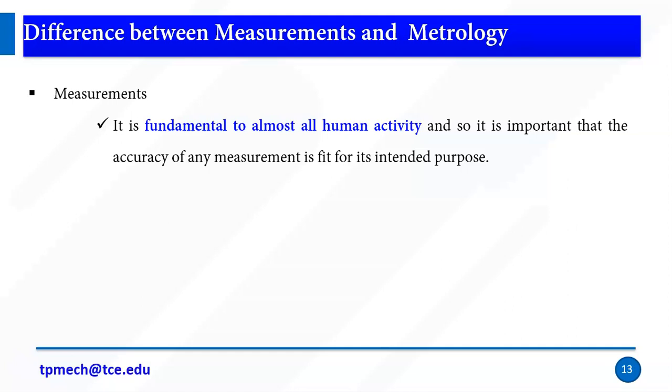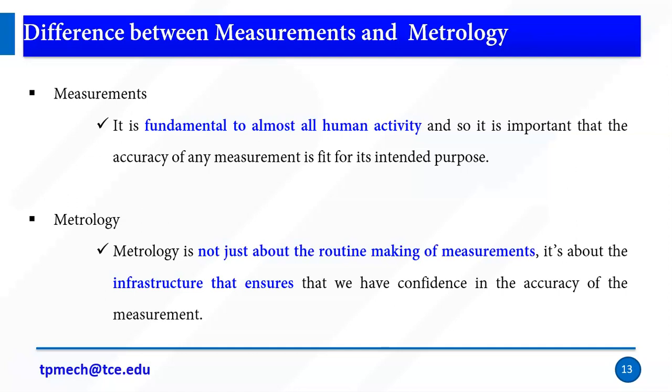For example, every day I wake up at 6 o'clock and finish my breakfast at 8 o'clock. If the watches, the devices, are not in proper state, we cannot achieve this. So the accuracy of any measurement depends on the device.